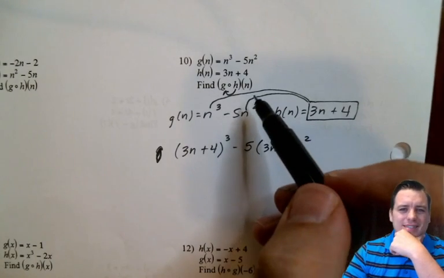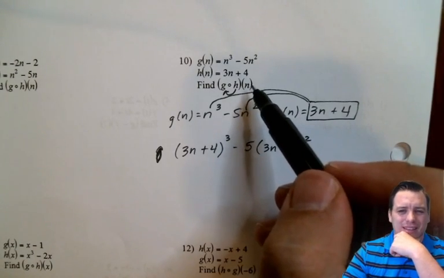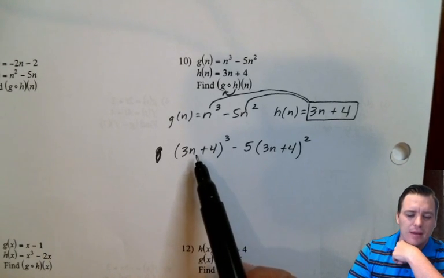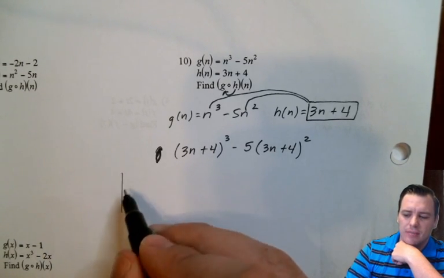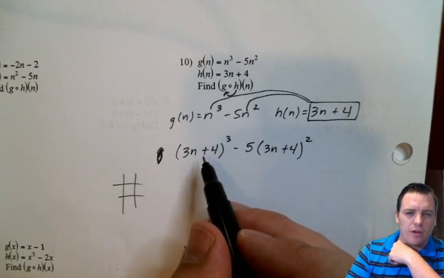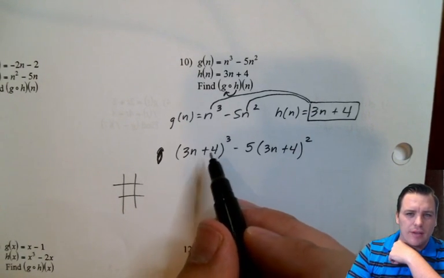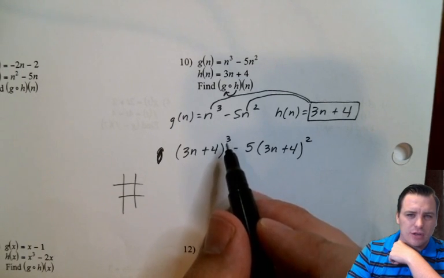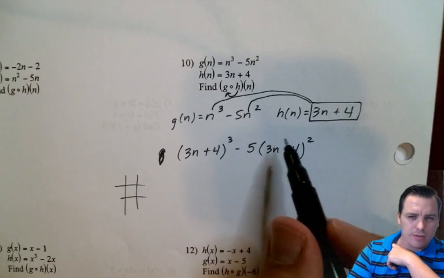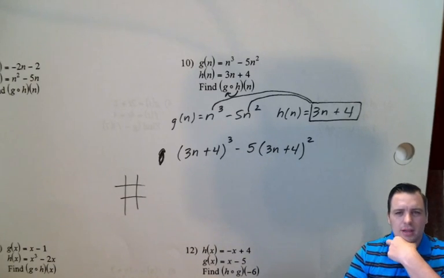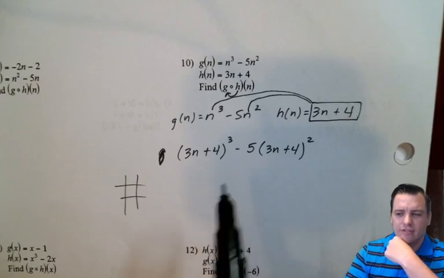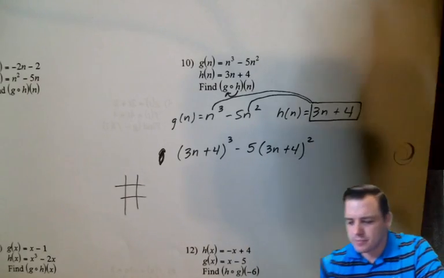Now you're not solving this in terms of anything, so that means you're going to have to FOIL that and then use the rows and columns method, because after you FOIL it, you're going to get a trinomial, and then you're going to have to multiply it again since it's cubed. Over here, you just have to FOIL that, and then whatever your answer is, distribute a negative 5 in. So I'm just trying to set you up for this problem. I'm not going to show you how to do it now, but try to figure that one out.